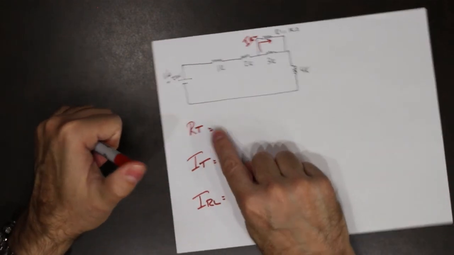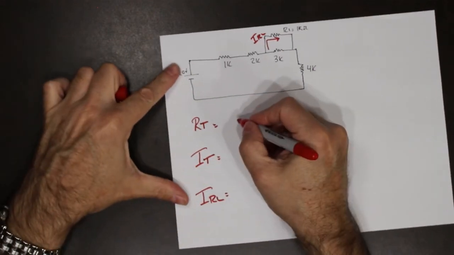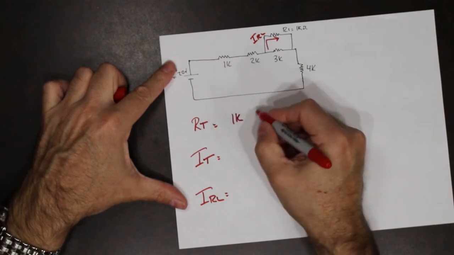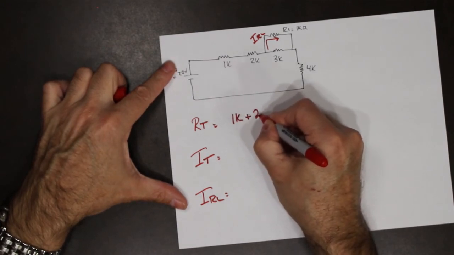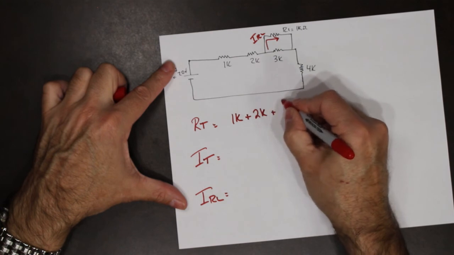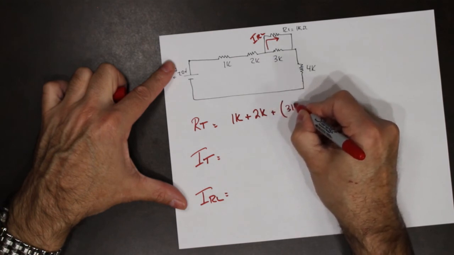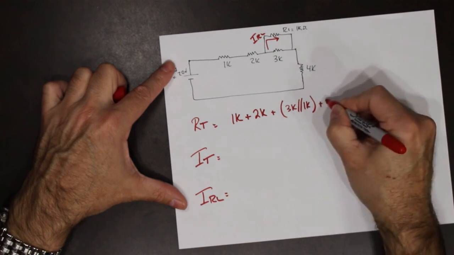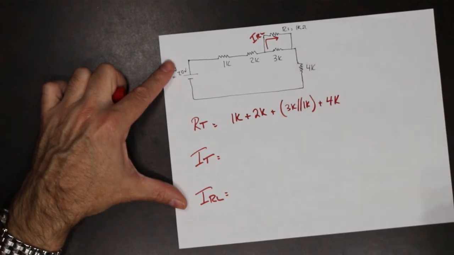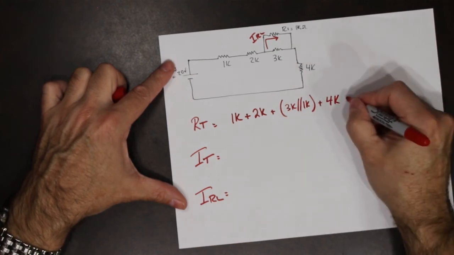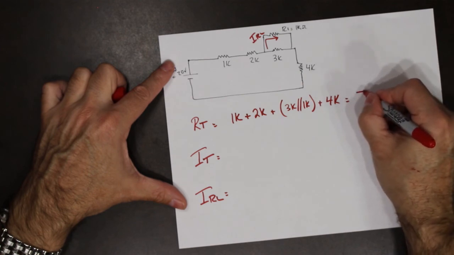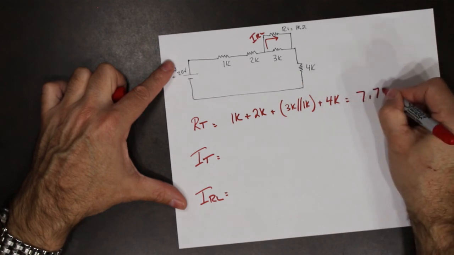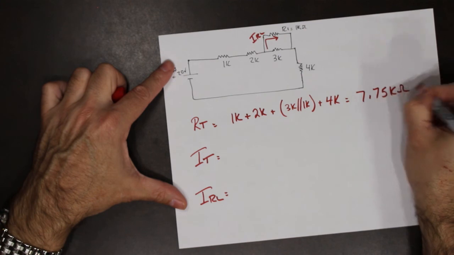So R total, in this case, works out to be 1K plus 2K plus 3K in parallel with 1K plus 4K. And that works out to be 7.75 kilo ohms.